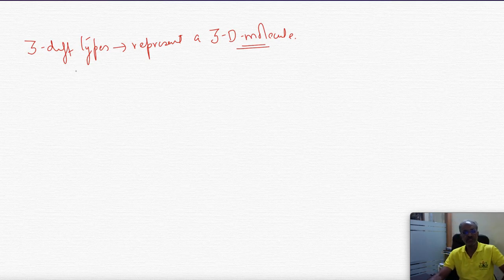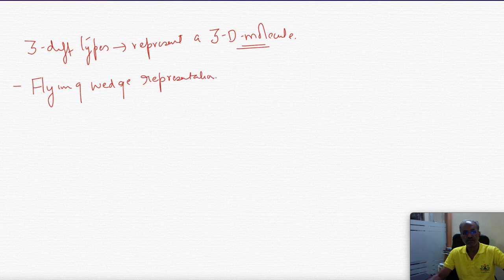First is the line-wedge representation, the flying wedge representation. Prior to that, you should know what is meant by a wedge. In a wedge there are two types: one is known as the solid wedge, and the other is the broken wedge.